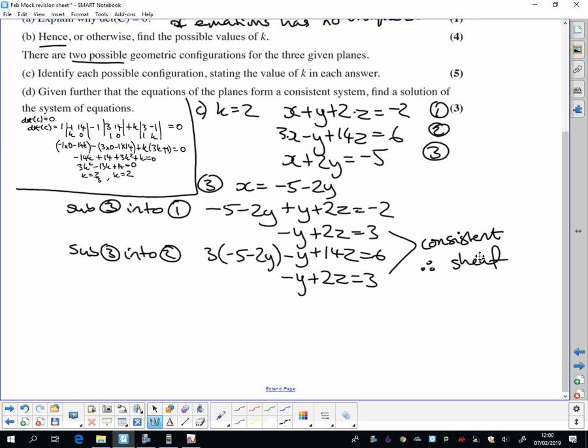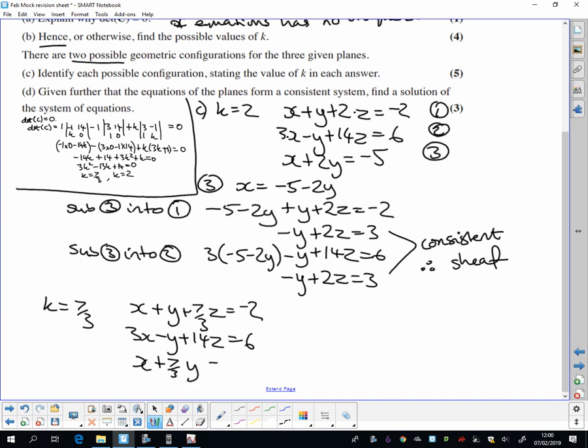Then we go with our other value for k. So k is 7/3. Right.